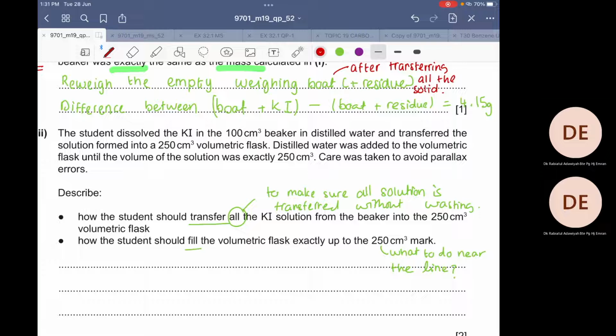I mean, don't you just add water and make sure that the level is aligned with the mark on the volumetric flask. But what the answer is looking for is actually, what do you do near the line? How should you add water when you are at the narrowest part of the volumetric flask? How do you add the distilled water?